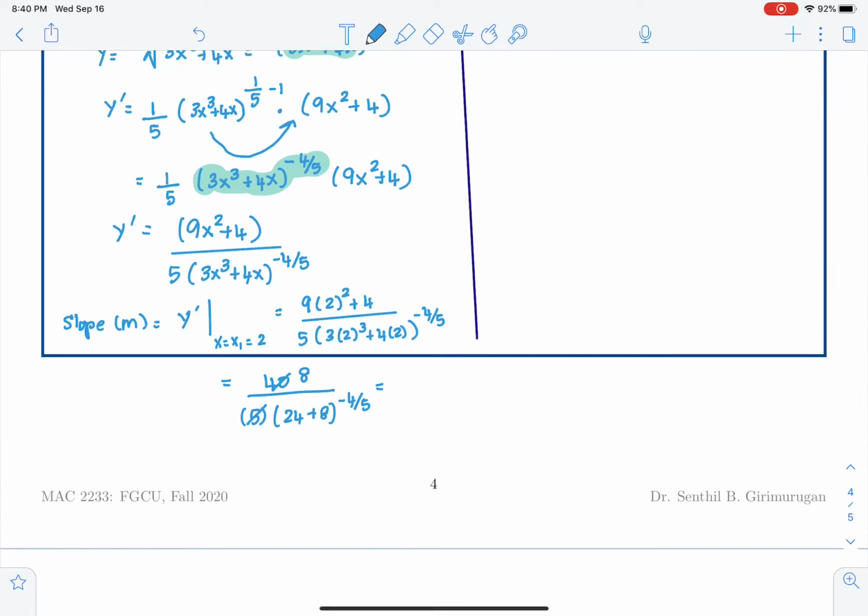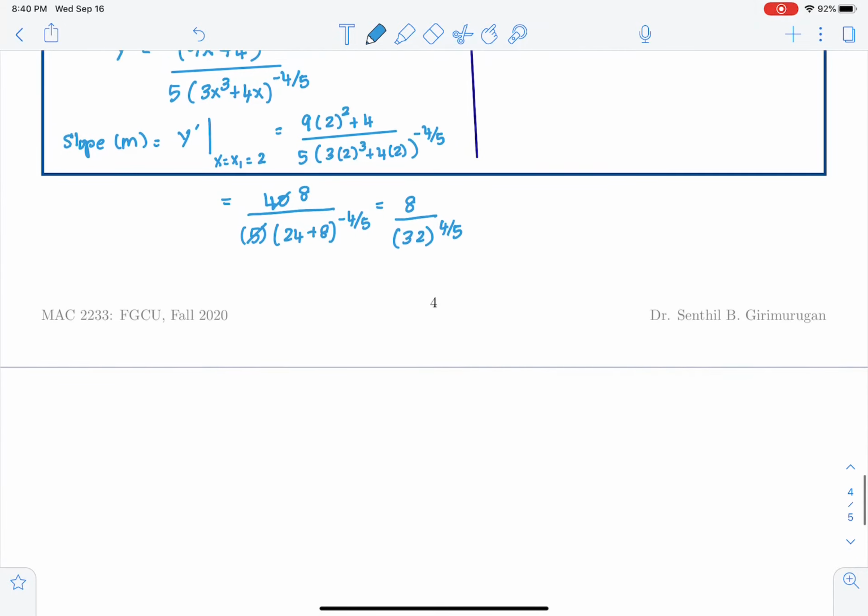We could cancel that to get 8. 8 divided by 32 raised to 4 over 5, with a negative, which is the same as saying 8 times 32 raised to positive 4 over 5. Now we could write 32 as 2 raised to 5.